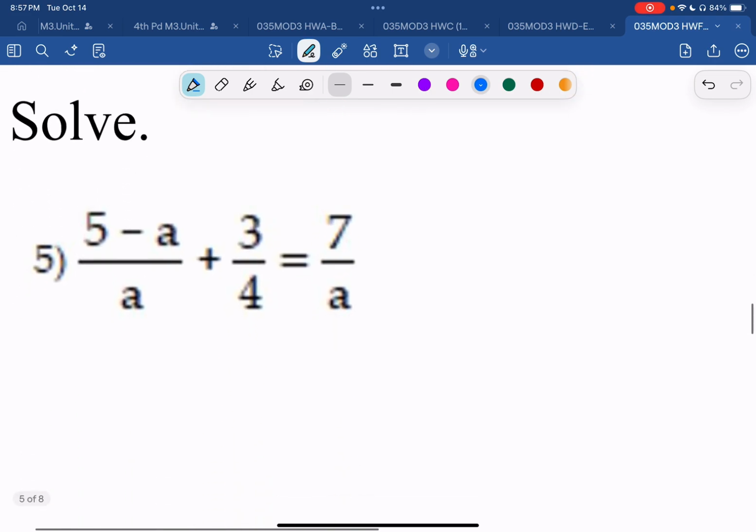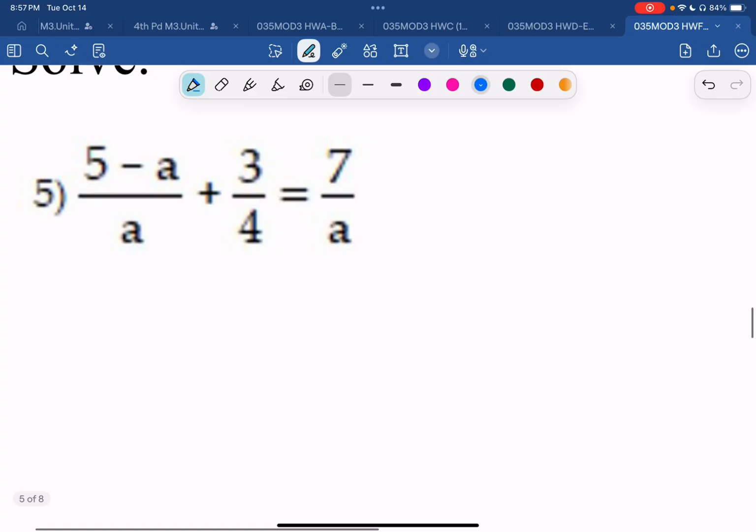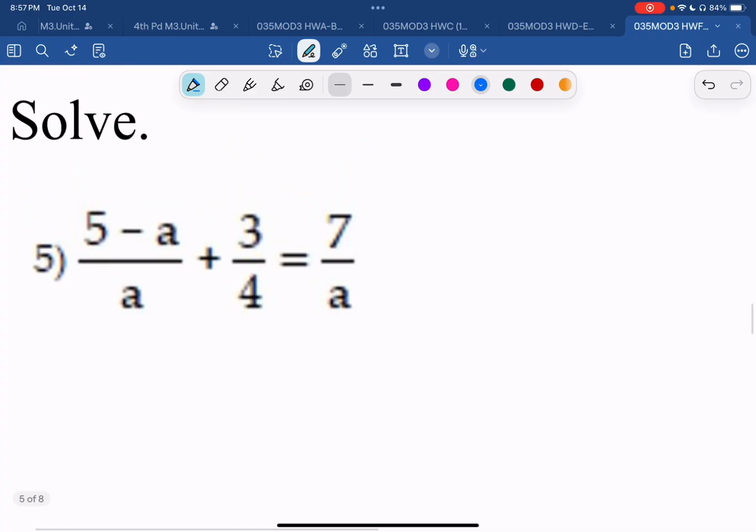Okay. All right, example 5. Now look for that LCD. So here my denominators are A, 4, and A. So that tells me my LCD is 4A. So I'm going to multiply by 4A.